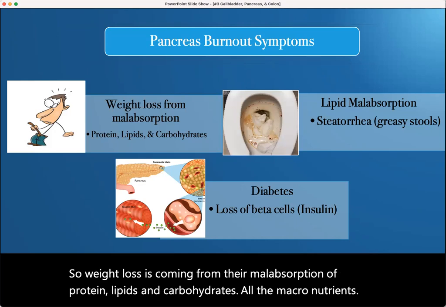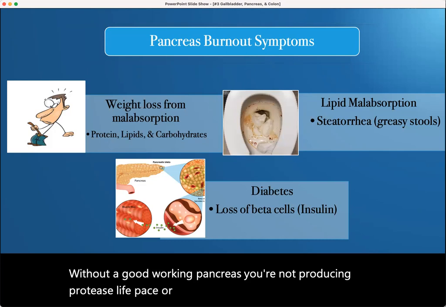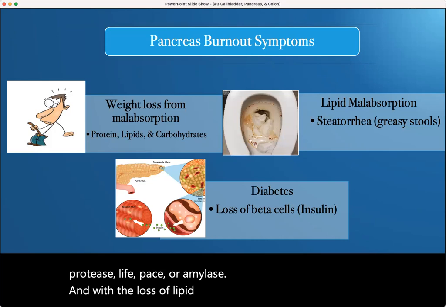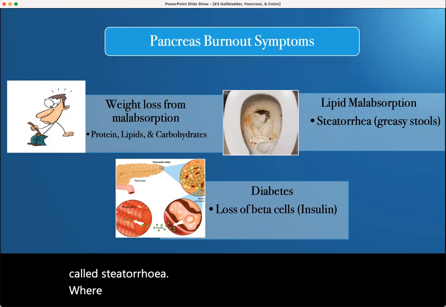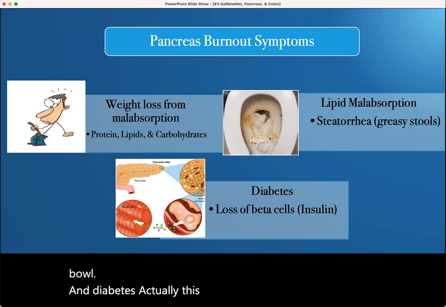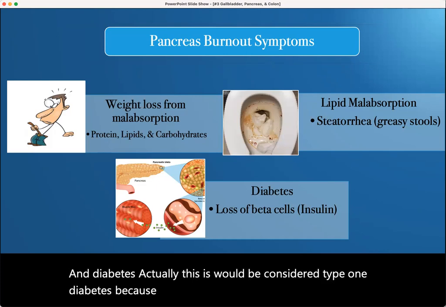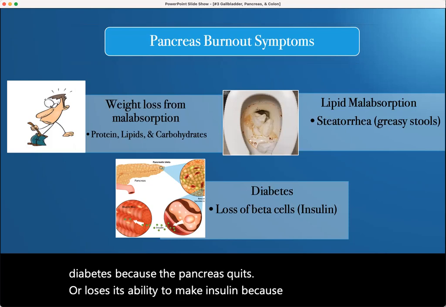Without a good working pancreas, you're not producing protease, lipase, or amylase. With the loss of lipid absorption, you develop what's called steatorrhea, where the lipids just come through and it's oily in the toilet bowl. And the diabetes would be considered type 1 diabetes, because the pancreas loses its ability to make insulin because it's lost its beta cells.